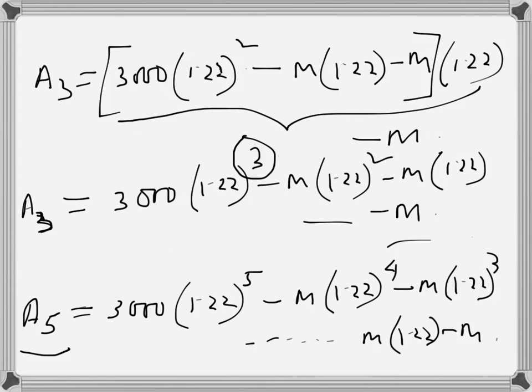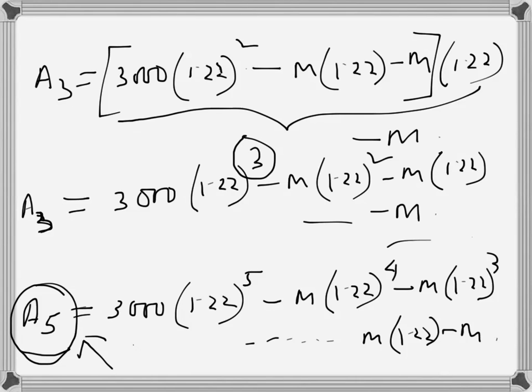Now it is said that the total loan is repaid after 5 years. So the amount owed after 5 years will be 0. A5 has to be 0, because no amount can be owed after that. So we will put 0 here, and then we will try to find out M from there.